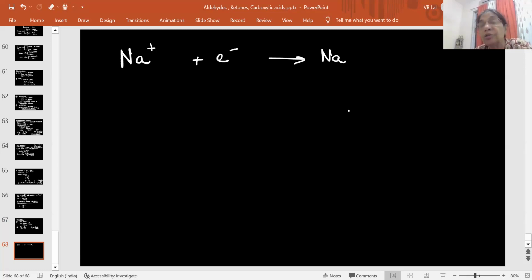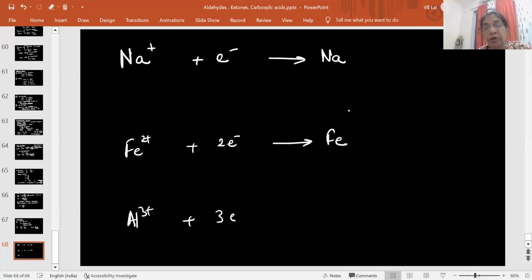So for sodium ion to change into sodium, I need 1 electron, right? If I want to change Fe2 plus ion into Fe, I will need 2 electrons. If I want to change Al3 plus, then how many electrons will I need? 3 electrons, and it will give Al.